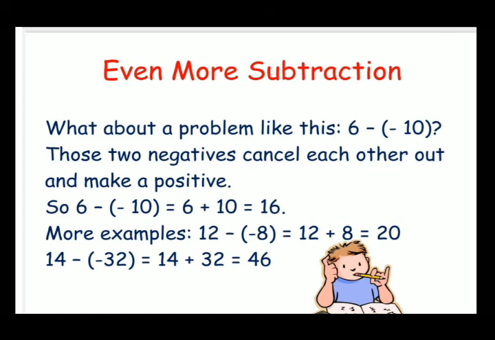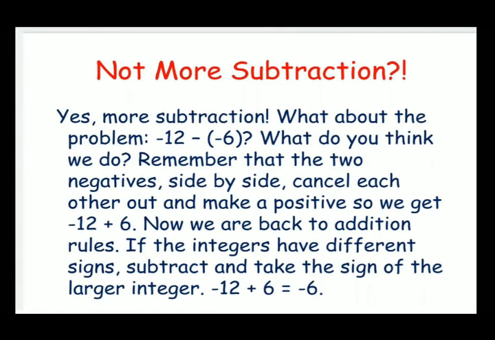Even more subtractions. What about a problem like this? 6 minus minus 10. These two negatives cancel each other out and make a positive. If you can see two negatives there, then they become positive. So you have to follow the rule that whenever two negatives are given, they will become one positive. Now more subtraction.